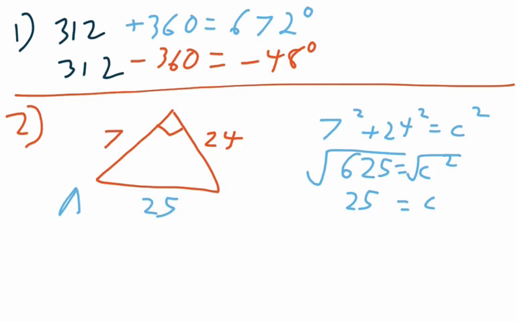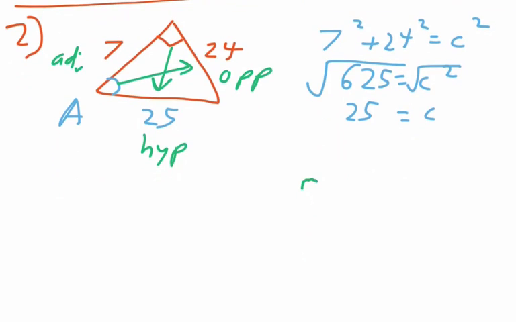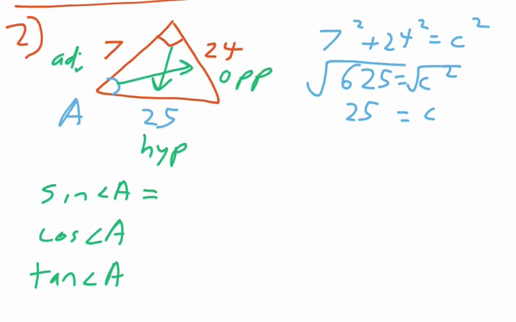And angle A is over here, which means when we go through this, 25 is the hypotenuse, 24 is the opposite of A, which leaves 7 to be the adjacent. So when we go through this, we're going to have the sine of angle A, the cosine of angle A, and the tangent of angle A. The sine is equal to the opposite over the hypotenuse.